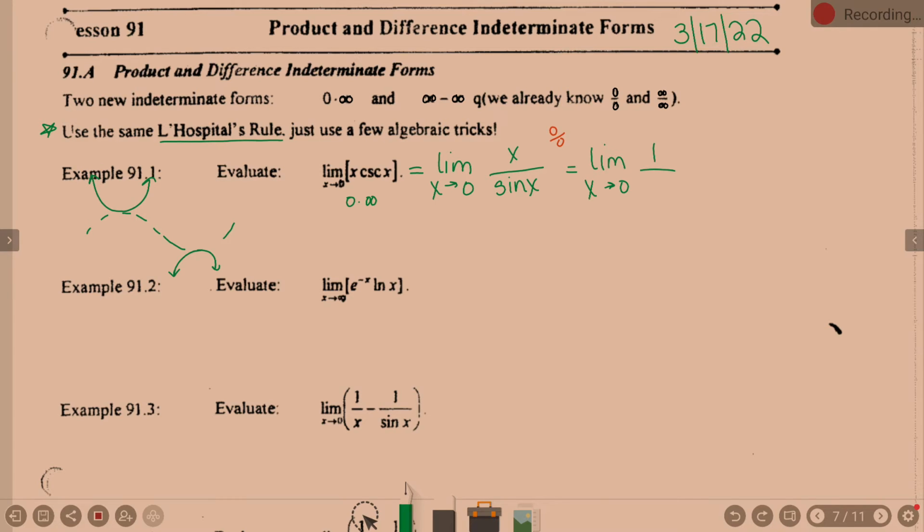What is the derivative of sine of x? Cosine of x. So the limit as x approaches 0 of 1 over cosine x. Well, cosine of 0 is 1, and 1 over 1 is 1, I hope, but yes.